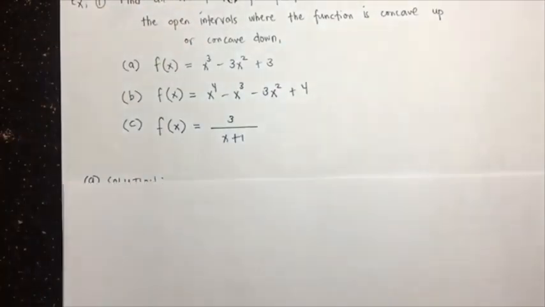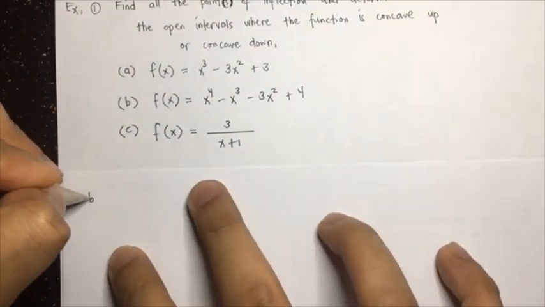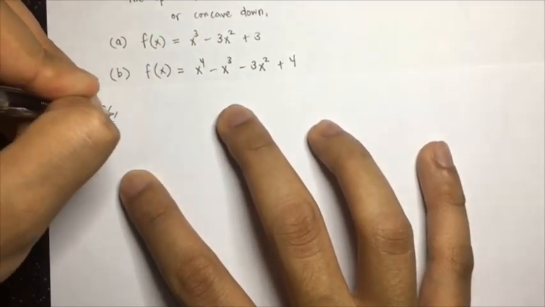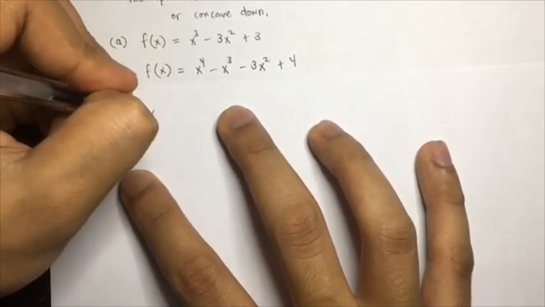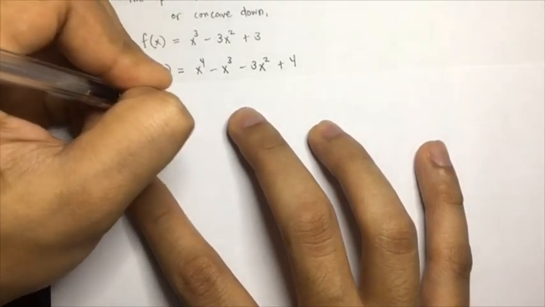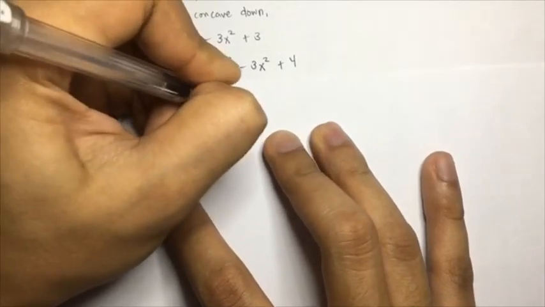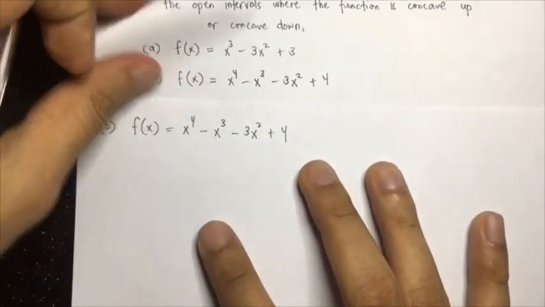we have f of x is equal to x to the fourth minus x cubed minus 3x squared plus 4.